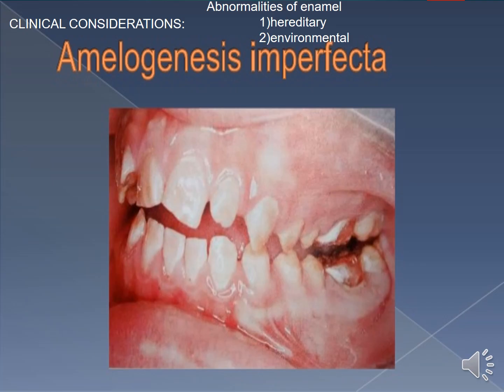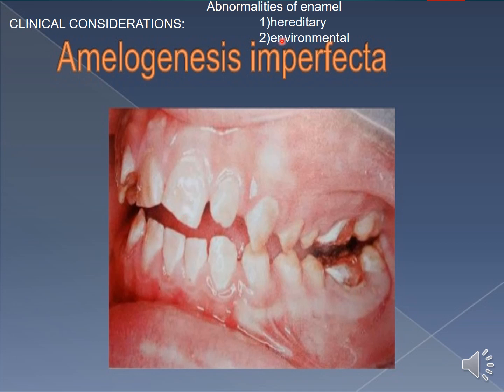Now the various clinical considerations. As I said, good nutrition, various hereditary factors and environmental factors play a role. If there is any deficiency or a genetic mutation, any trauma, injury, and other environmental factors like systemic diseases, syphilis, scarlet fever, measles, all can damage the ameloblast, which results in amelogenesis imperfecta.